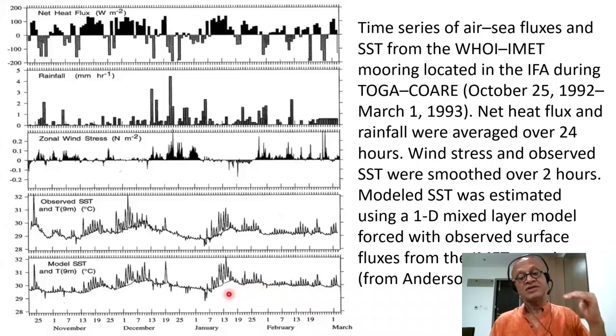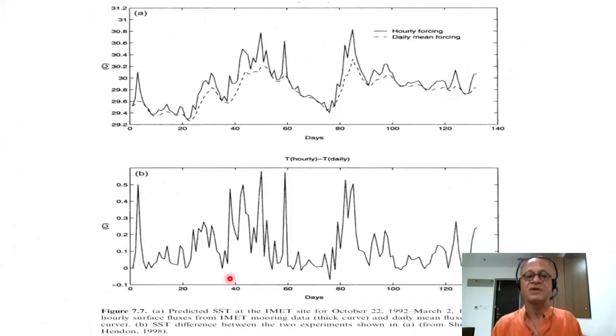So one has to be careful in doing this, but nonetheless these are done to see if one-dimensional balance can explain the observed sea surface temperature variabilities. Again, these are great challenges, but nonetheless these exercises are very important to try to understand the processes and advance the prediction efforts of MJOs and so on.